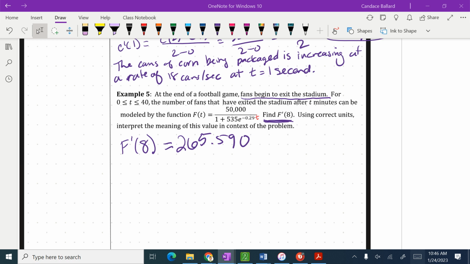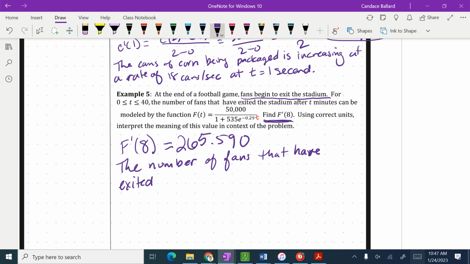So the number of fans that have exited the stadium. I took that from the stem of my problem.